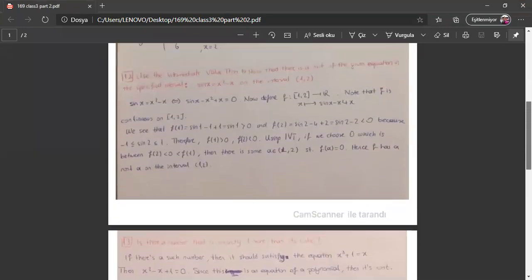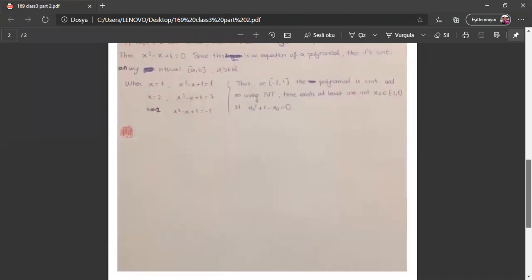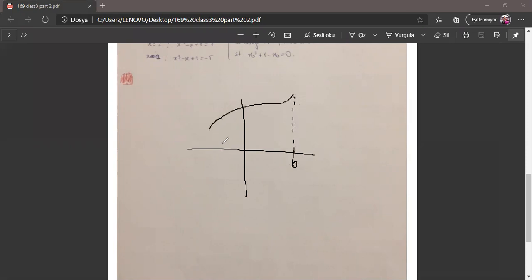So here we have a new problem, let's first remember the intermediate value theorem, okay? What does it say? First of all, we need to have a function which is defined on some interval, okay? a and b, and we have here f of a, and here f of b.